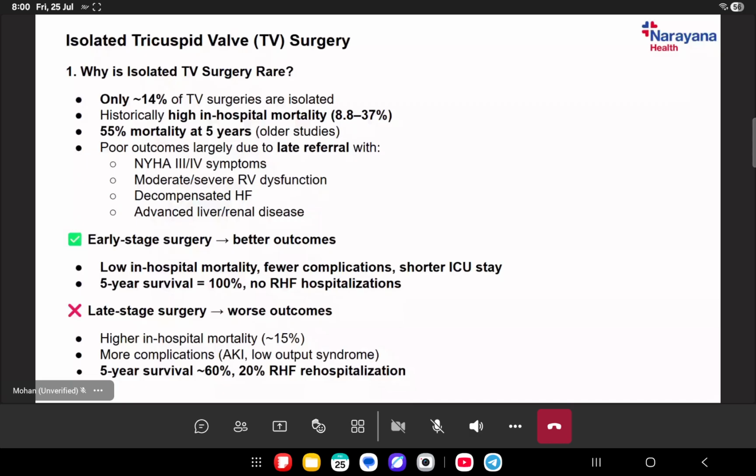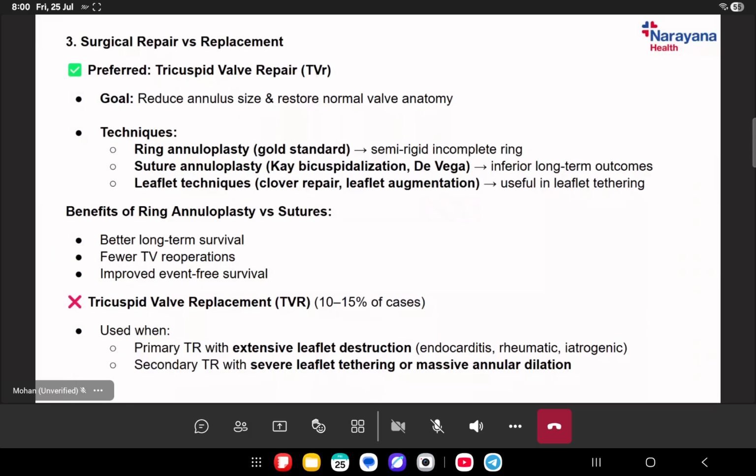Poor outcomes are more due to late referral with advanced symptoms, and early stage surgery is showing better outcomes, with low in-hospital mortality and 5-year survival of 100%. Surgical repair versus replacement: preferred is tricuspid valve repair. The goal is to reduce annular size and restore normal valvular anatomy.